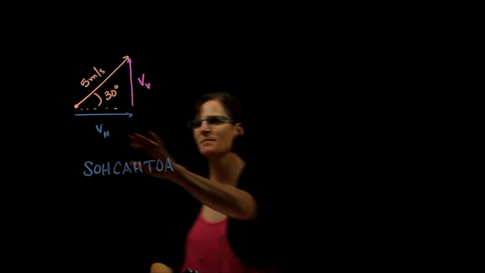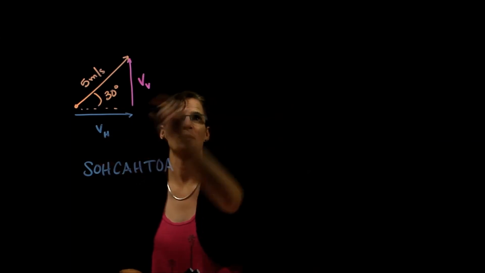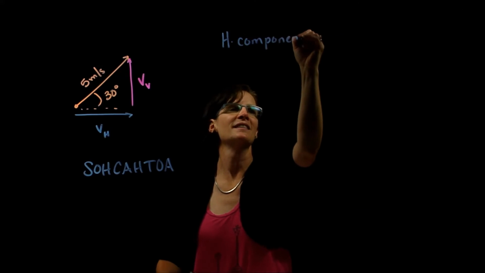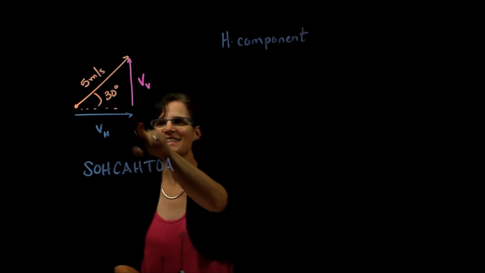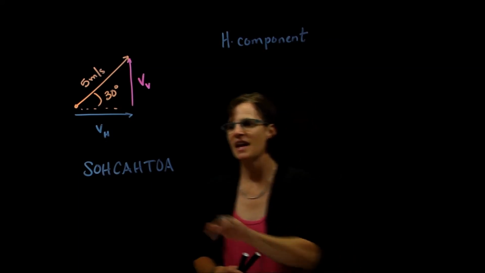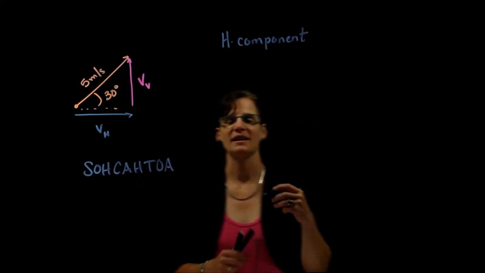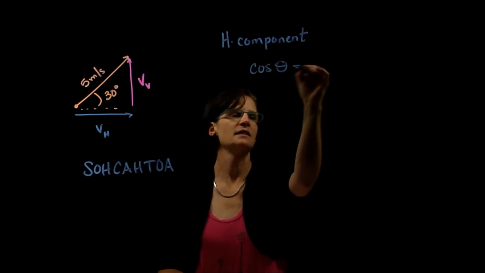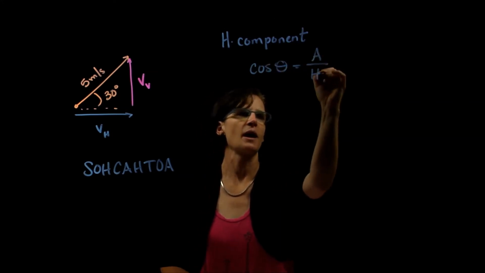All right, so if I'm interested in the horizontal component, in this case, that is adjacent to my angle. It's right next to my angle. Cosine relates to that adjacent. We remember that the cosine of an angle is equal to the adjacent over the hypotenuse.